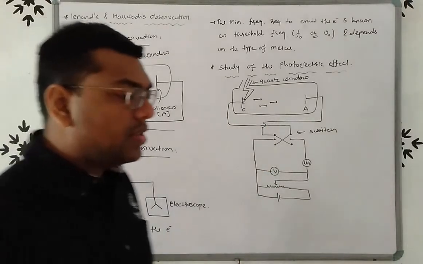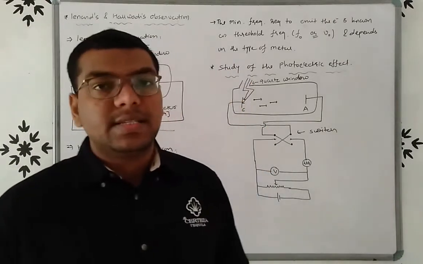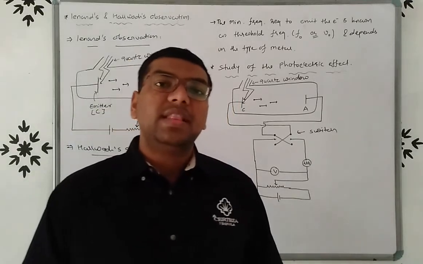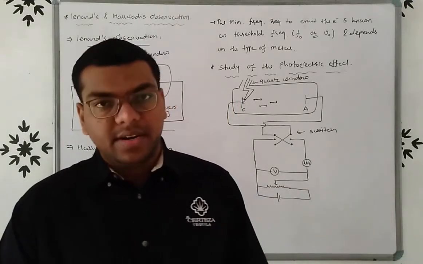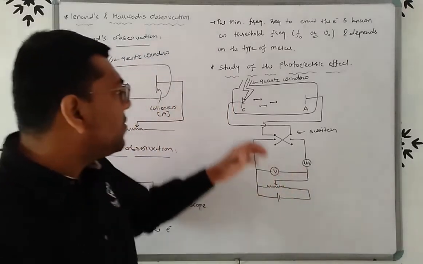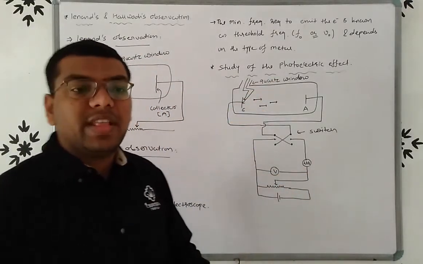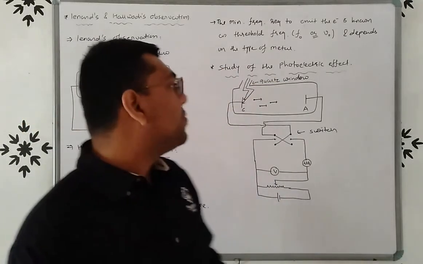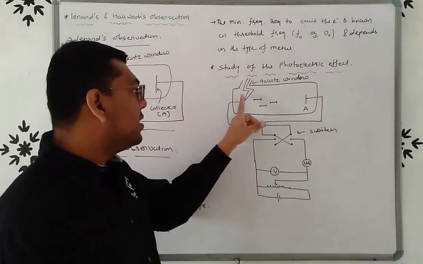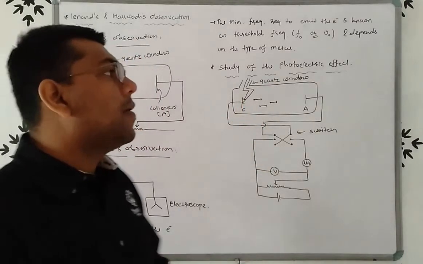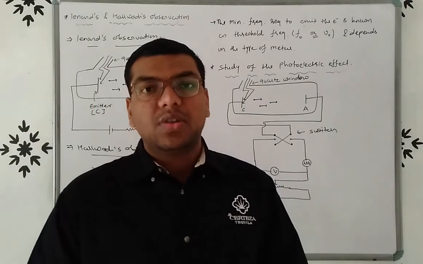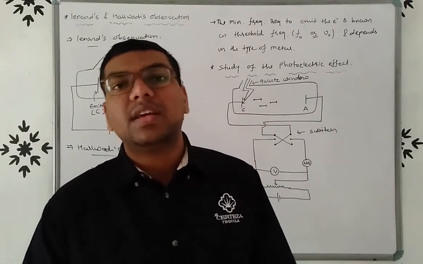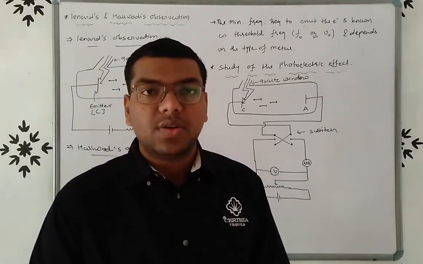So here different studies are carried out. The first study is between the intensity and current. Right. So here the study is carried out between the intensity and the current. The second one: if this emitter, or you can say this electrode, changes, and we use another electrode, then what happens to the current?